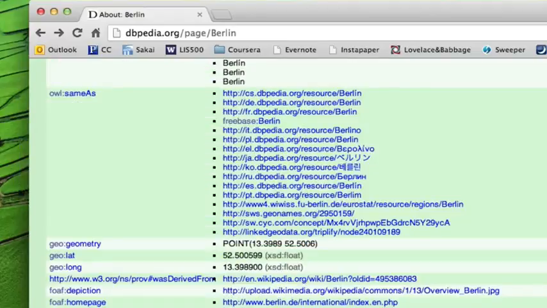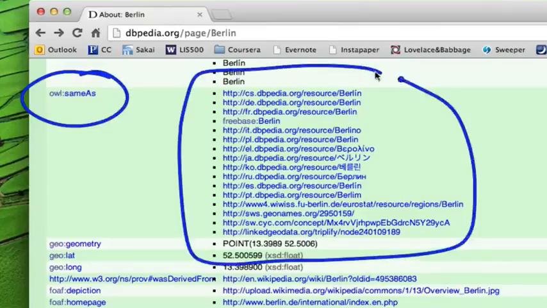Again, DBpedia is declared mostly in OWL, the web ontology language, and we have the OWL same as field element and a whole set of values for things that this DBpedia entry is the same as according to OWL. And mostly, as you can see, these are different declarations of Berlin in different language versions of DBpedia.